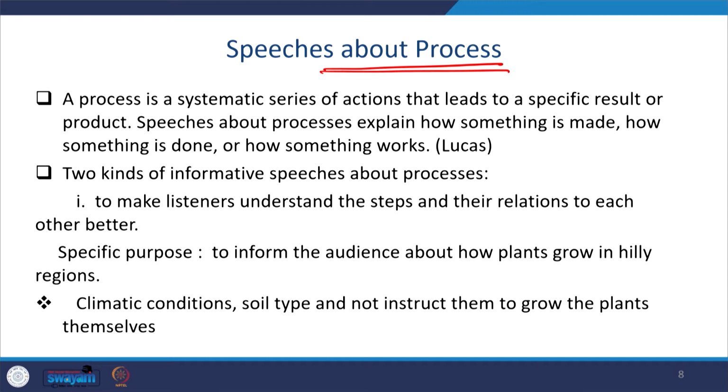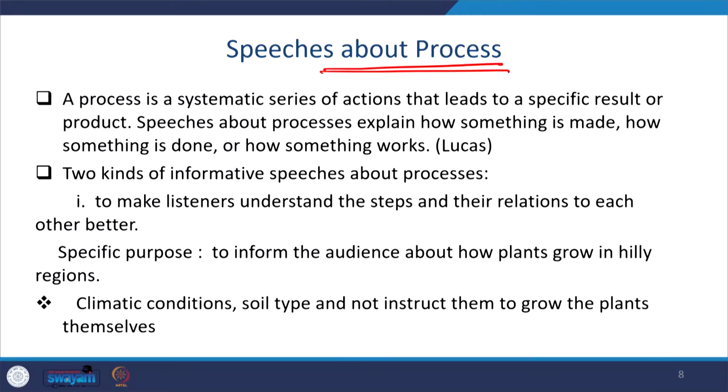You all know that a process entails a series of actions that one can take when one is going to explain something new, how something can be done, how something works, as Lucas says. So, when we talk about the process, there can be 2 aims. The first is to make the listeners understand the steps, because you are talking about the process.